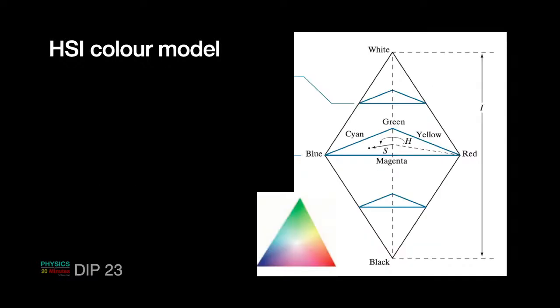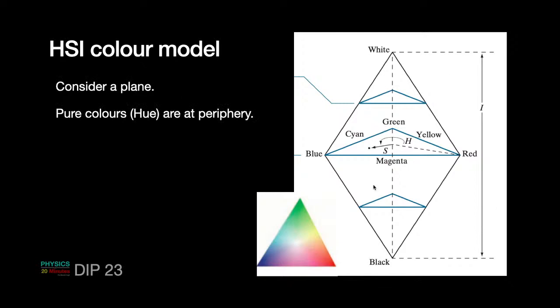Let's take this further. So the diamond has been simplified, as I said, and I have taken one plane. I mean, there are three planes, consider just one plane. We have already discussed that the pure colors are at the periphery.